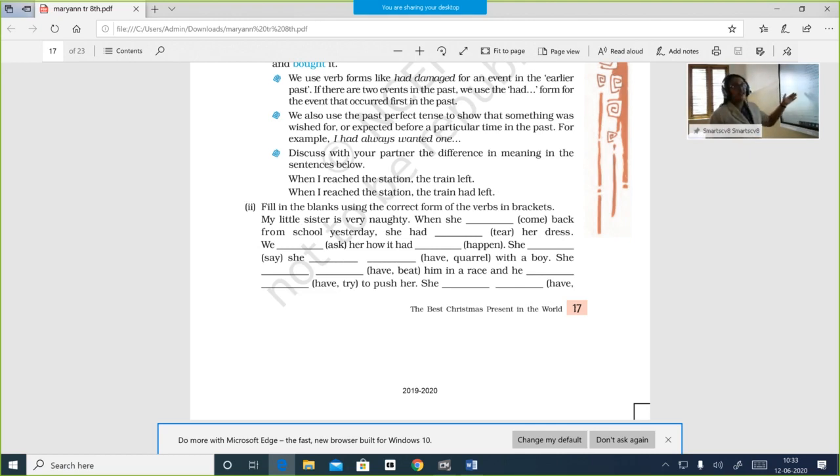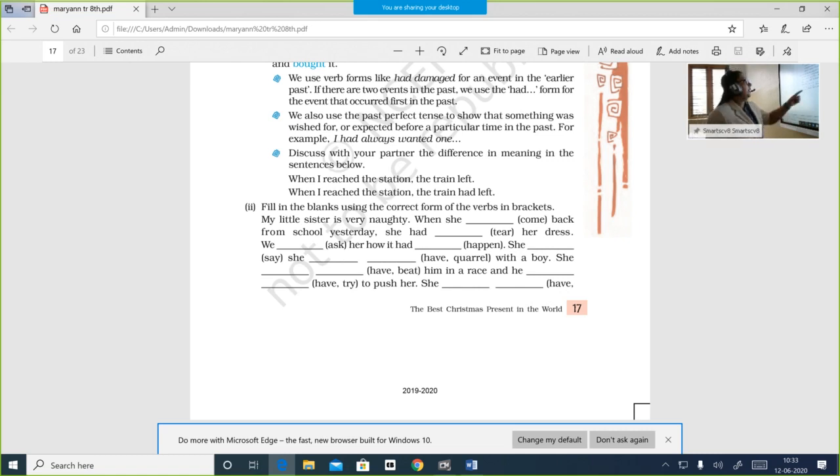And so now you will understand some things are coming which happened before. Yes, she said she had quarreled. She had quarreled. Mind you, children, attention. Had quarreled is not past tense. The word quarreled is a past participle used here.